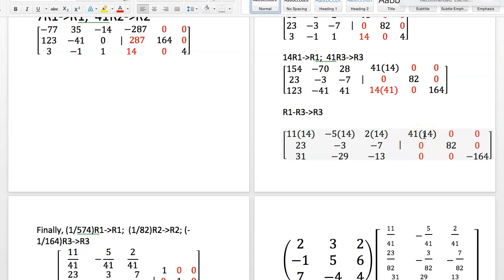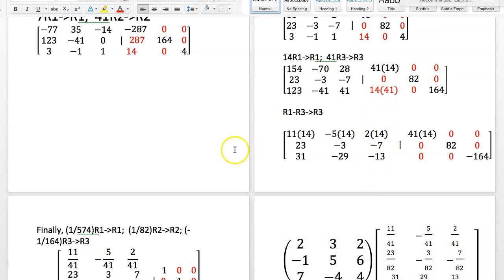If you divide 11 times 14 by the product of 41 and 14, you're going to get 11 over 41 because the 14s are going to kill each other. So here's 11 over 41. We're dividing row 1 by 574, which is 41 times 14.